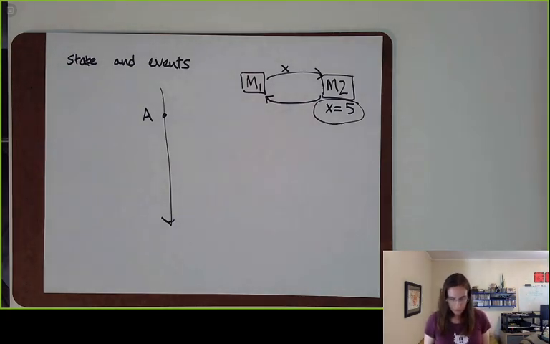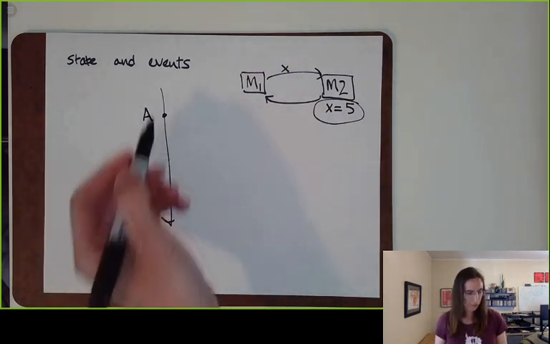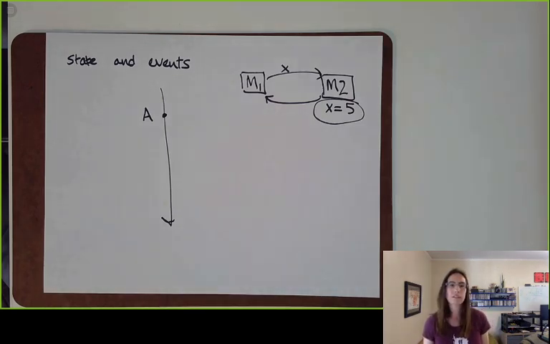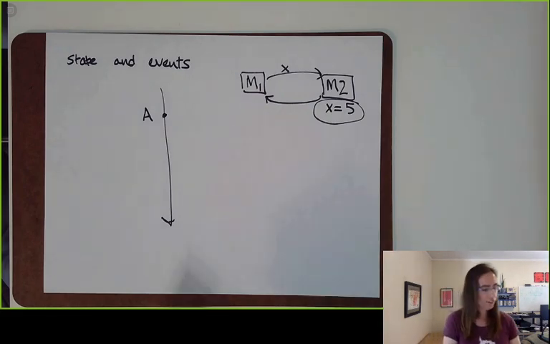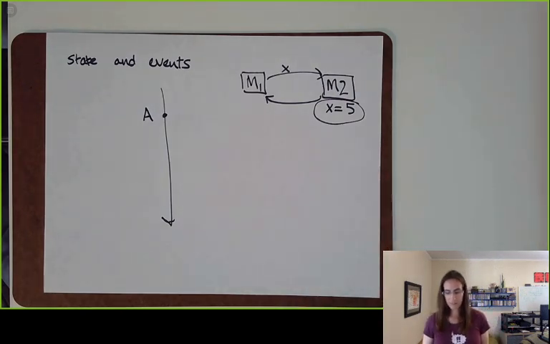But in this world of distributed systems where we just have events that are occurring on a timeline like this, how do we talk about state? Well, I am going to argue that a dot on these diagrams is also a state.